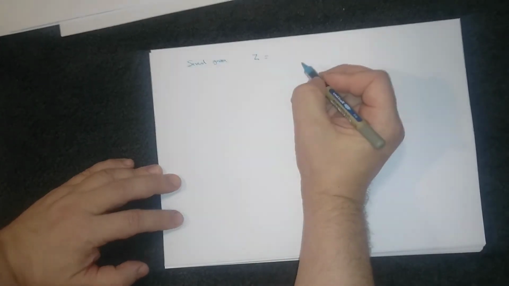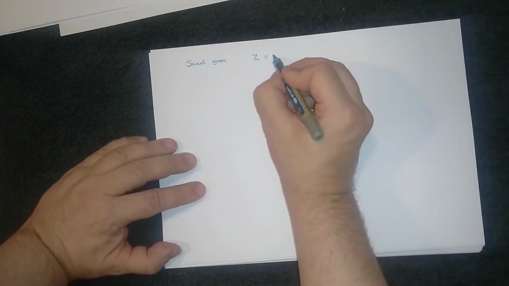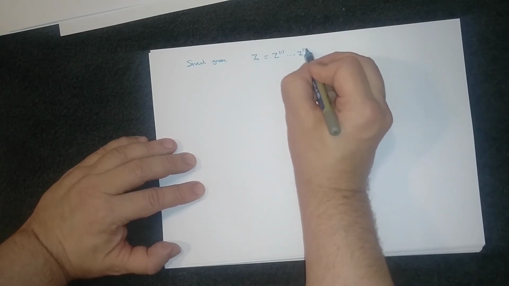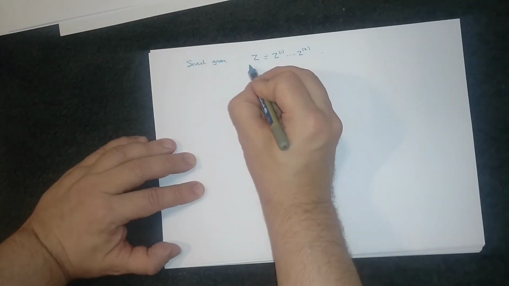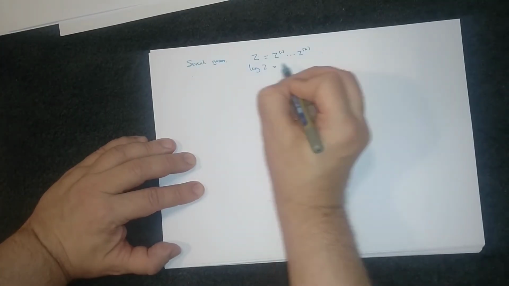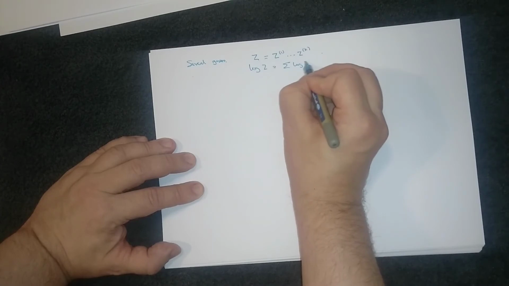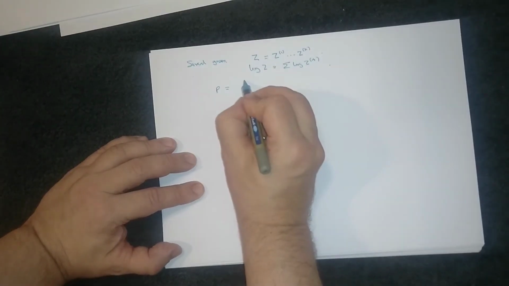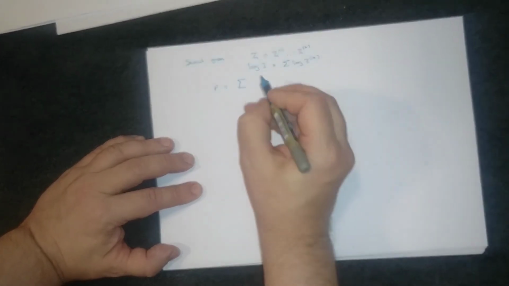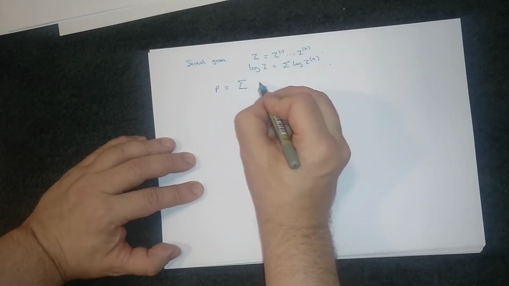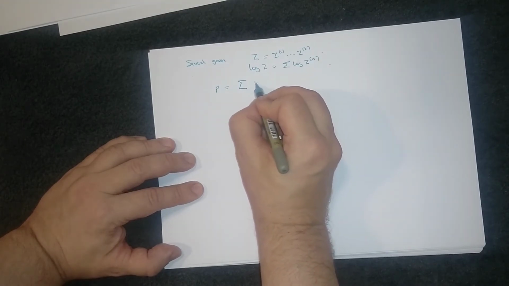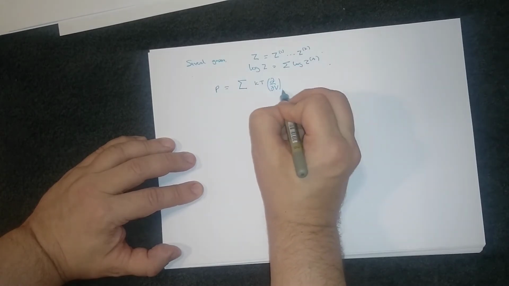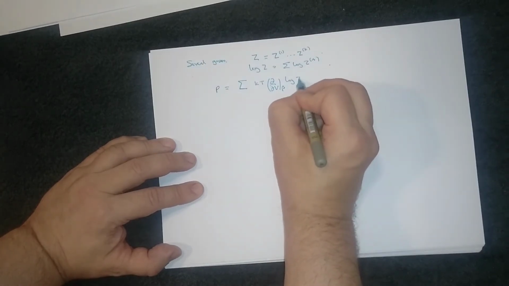Z, the total partition function, is Z1 to Zk, and therefore log Z is the sum of the logarithms of the Z's, and thus the total pressure is the sum of kT d by dV, at constant beta, of log Za.